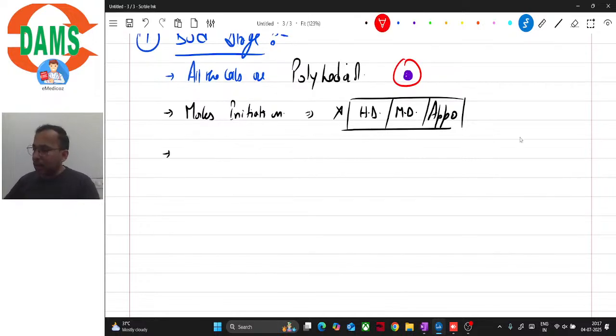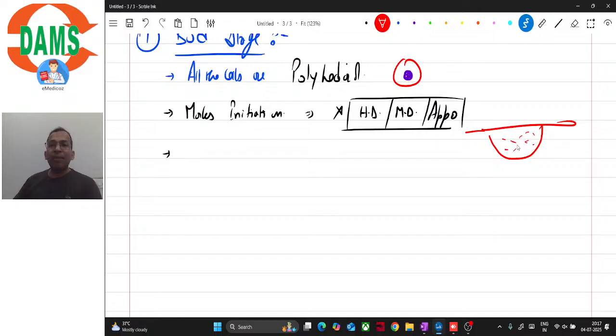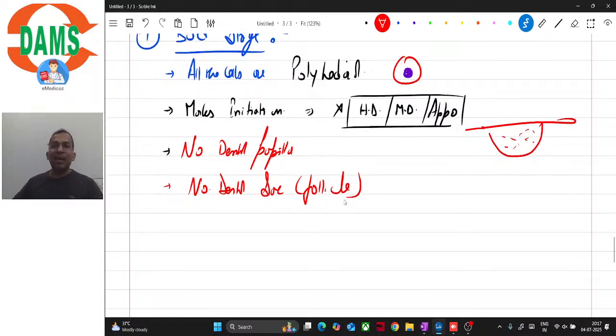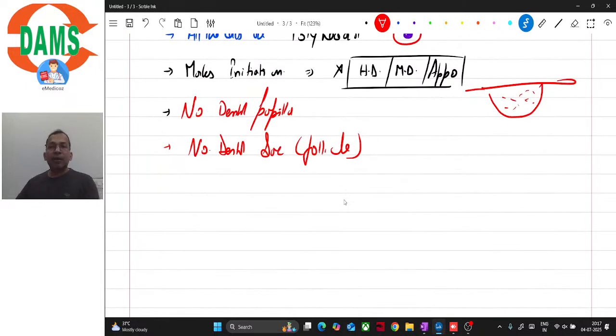When you look at this tooth bud, right now we just have the enamel organ, but there is no dental papilla and there is no dental sac or follicle. Just the polyhedral epithelial cells that form the tooth bud.